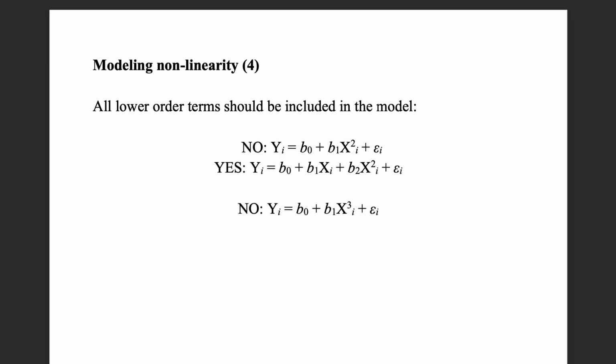Also, if you say, I have a cubic effect that I want to test for an x variable, don't just include the cubic effect. No, include all the lower order terms as well: your original x variable, x to the power of 2 and x to the power of 3. That's really important. If you include higher order terms, also include all the lower order terms, or your results will be super misleading.